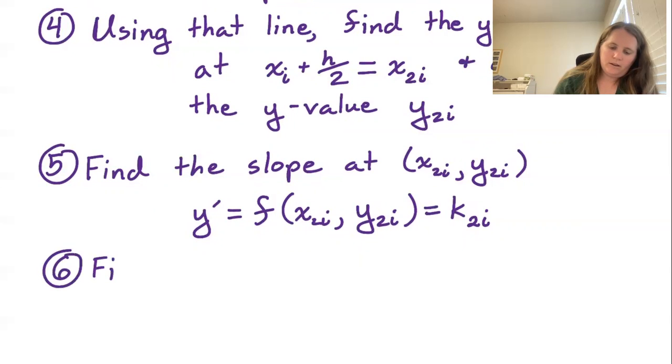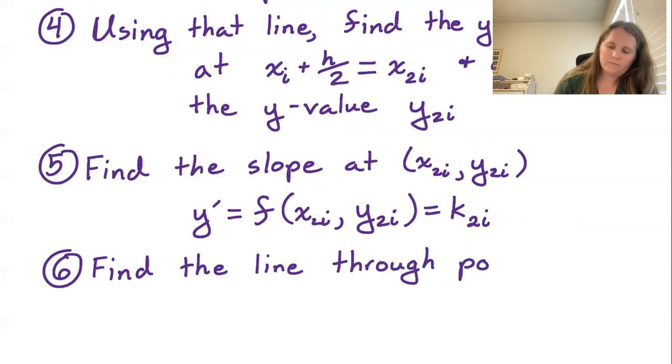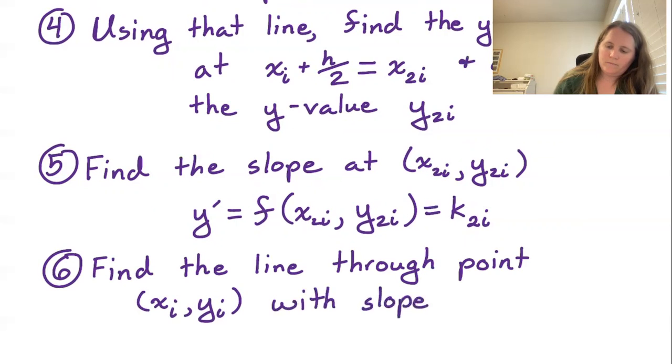Then we will find the line through point xi, yi with slope k2i.